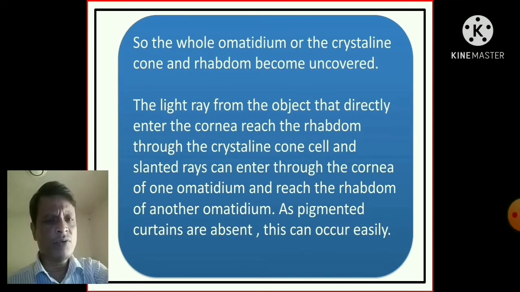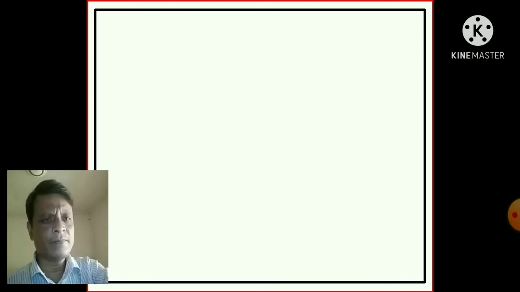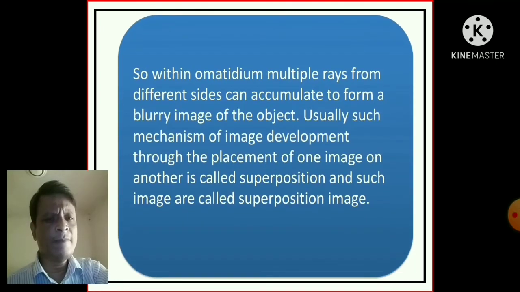Light rays from the object that directly enter the cornea reach the rhabdom through the crystalline cone cell, and a slanted ray can enter through the cornea of one ommatidium and reach the rhabdom of another ommatidium. As the pigmented curtain is absent, this can occur easily. So within an ommatidium, multiple rays from different sides can accumulate to form a blurry image of the object. Such a mechanism of image development through the placement of one image on another is called superposition, and such images are called superposition images.